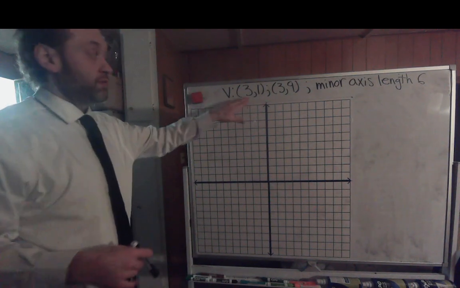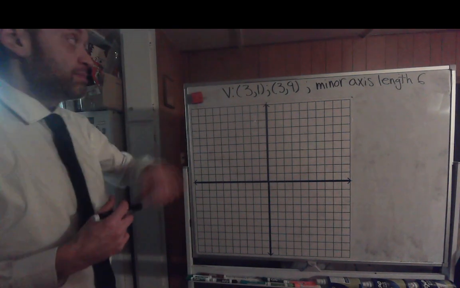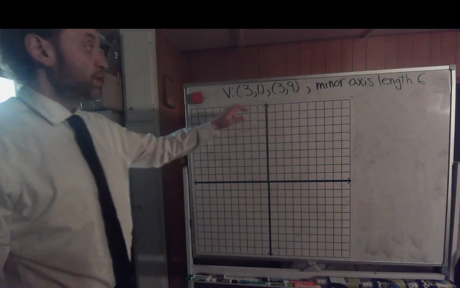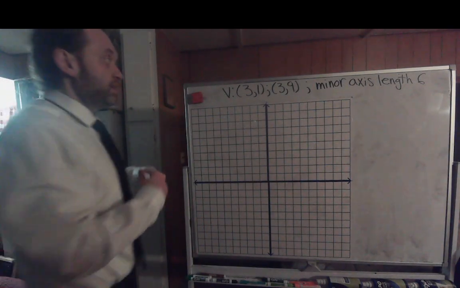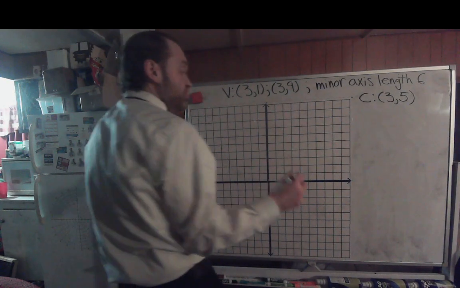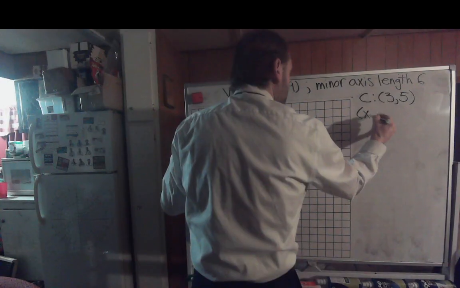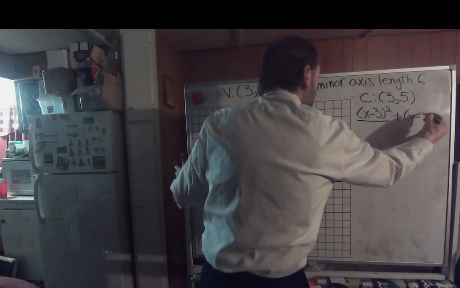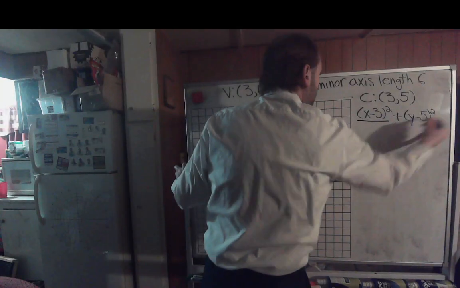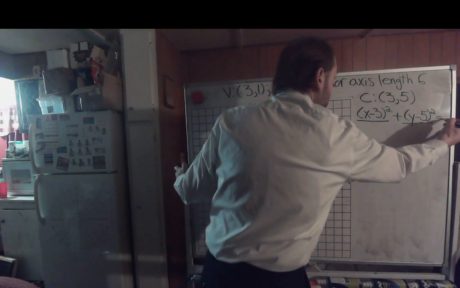Well, what's true for the vertices? That the center is halfway between the vertices, right? So what point is halfway between 3, 1 and 3, 9? That's definitely going to be 3, 5, right? The center is going to be located at the point 3, 5. So this equation is going to take the form of x minus 3 squared over some number plus y minus 5 squared over some number equals 1.